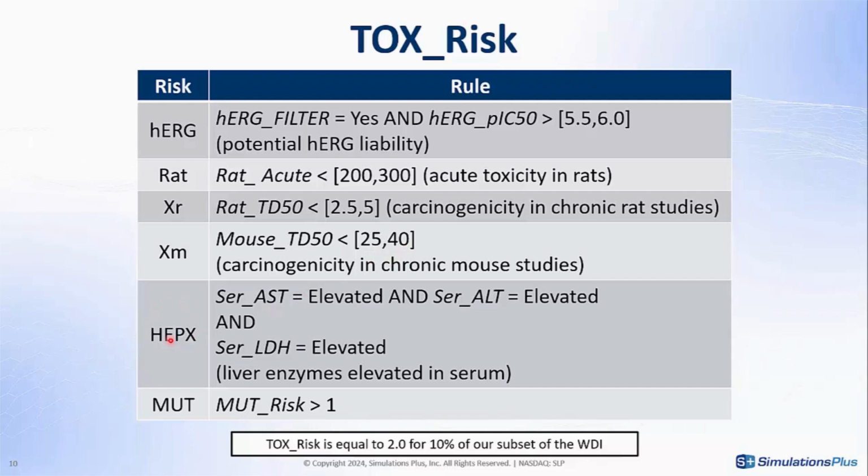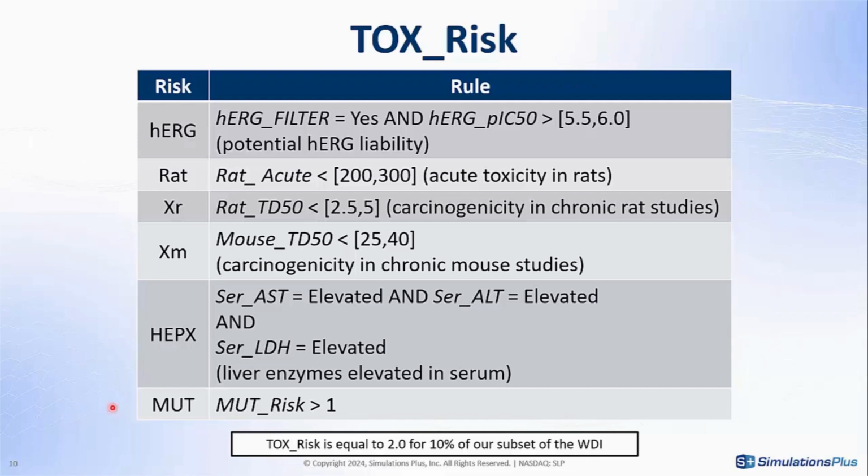For hepatotoxicity, if the AST and ALT are elevated and the LDH is elevated, so these three are positive, then you would trigger this to get a positive. And then the mute risk contributes another point.